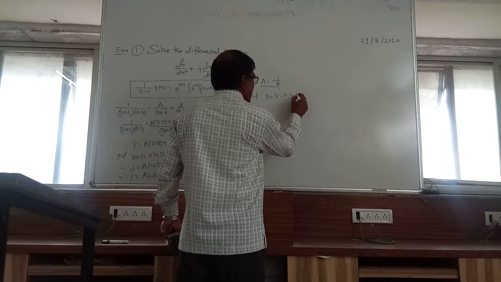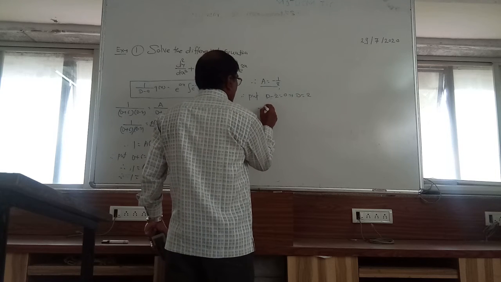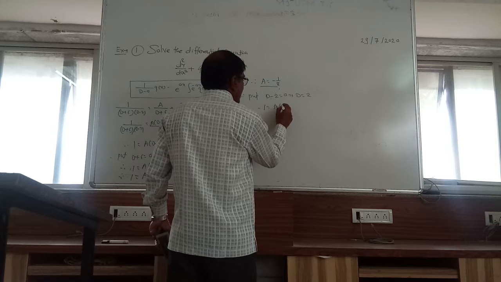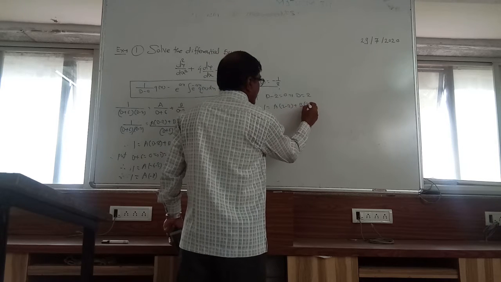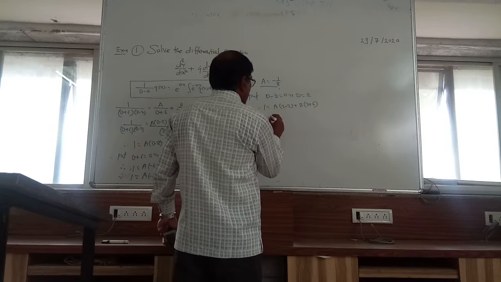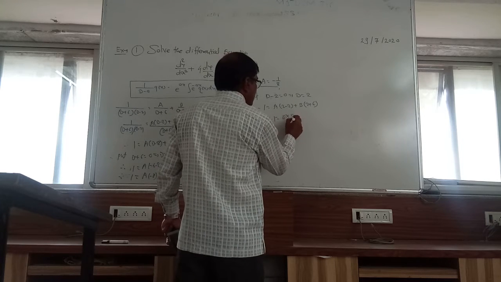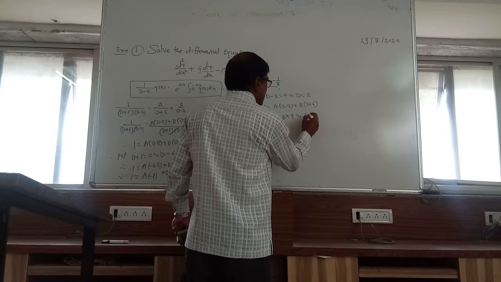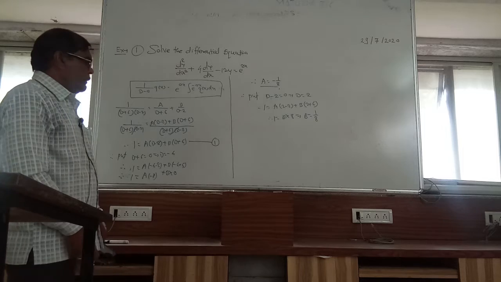This implies d equal to 2. So we have 1 is equal to A into 2 minus 2 plus B into 2 plus 6, that is 1 is equal to B into 8, which implies B is equal to 1 by 8. So we have the values of A and B.